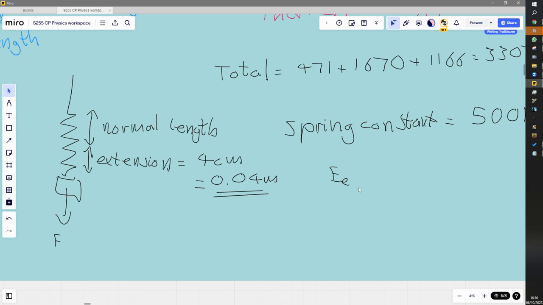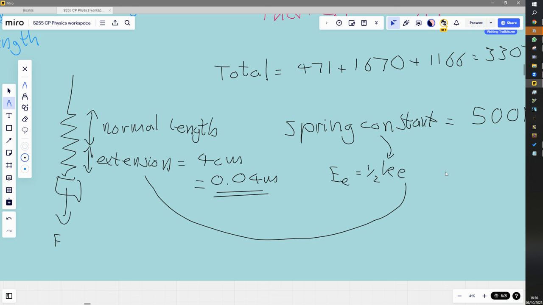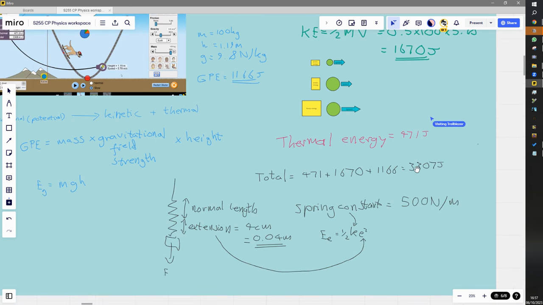Okay, so elastic energy is equal to half, similar to the kinetic energy equation, half times the spring constant, which has got a lowercase k, times the extension, which has got a symbol e. Sometimes the symbol x, but nowadays it tends to be e, and that's squared. Very similar, isn't it, to the kinetic energy equation.